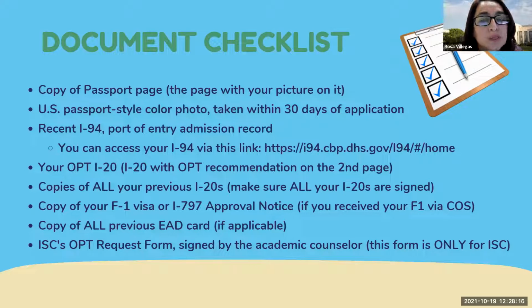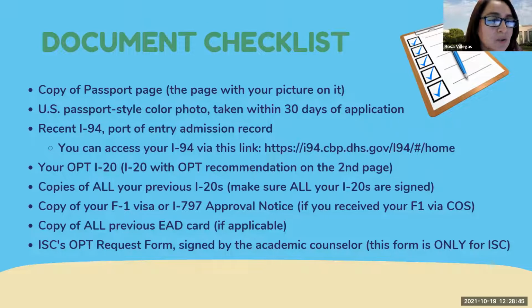You will need 2 passport pictures, and they must be recent. Typically, if you go to a CVS, Walgreens, or Walmart, you can go to the photo department and ask for 2 passport pictures, and they will give them to you right away. You're going to need a copy of your I-94 port of entry paper, and we're giving you the link of where to print it.